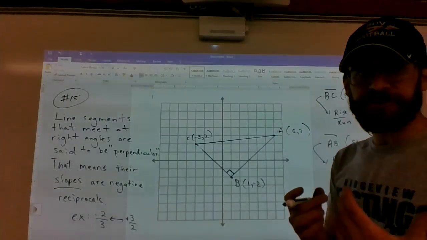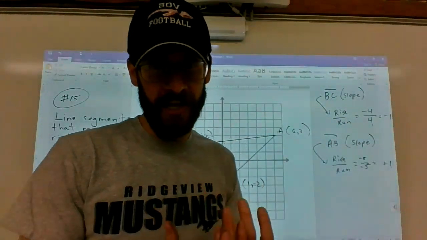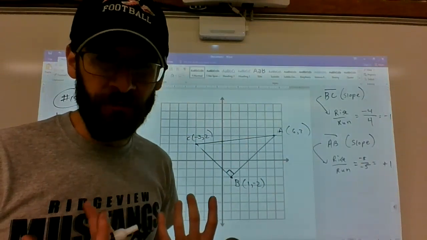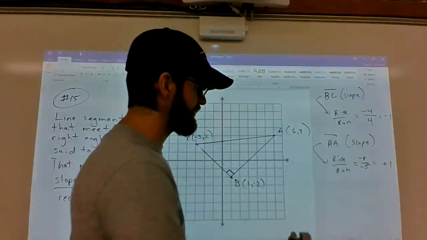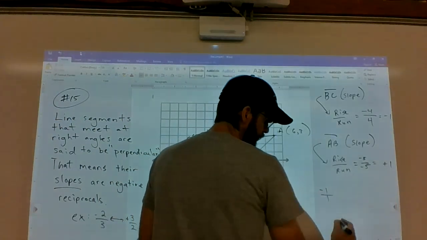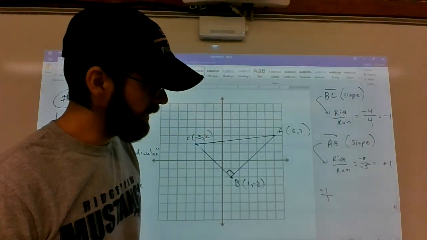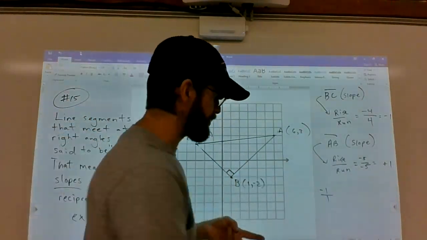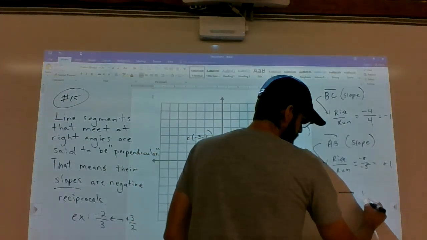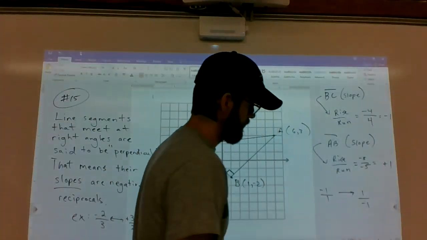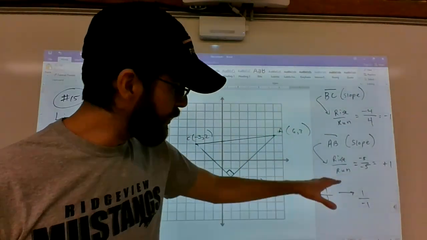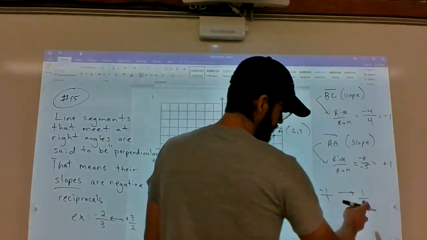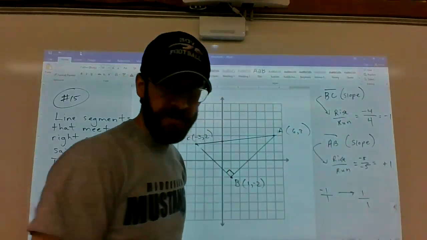Now this is actually the toughest one to confirm their negative reciprocals because sometimes people just don't visualize it properly. But -1 is the same as -1 over 1. And if you flip that fraction and then make it the opposite sign of what it was originally, so it was originally a negative, now it's a positive.